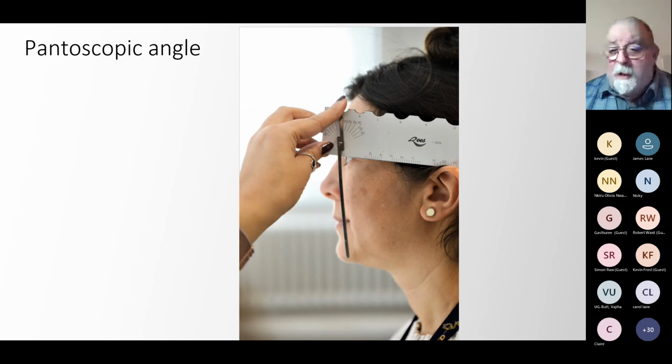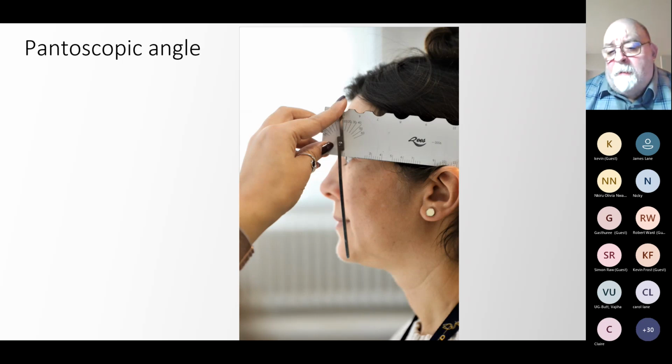This shows how old mine is, because mine was made by a company called Reese, who haven't been making these for at least the last 10 years. But these facial gauges, the best place to get these is actually on eBay, where they go for about £3.50 a throw. And what we do is we line up that vertical cursor on the patient, looking from the brow to the jaw.